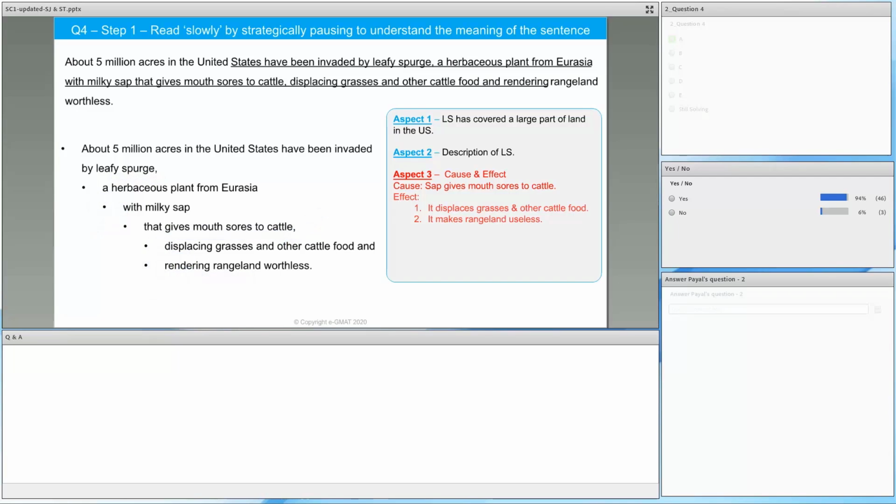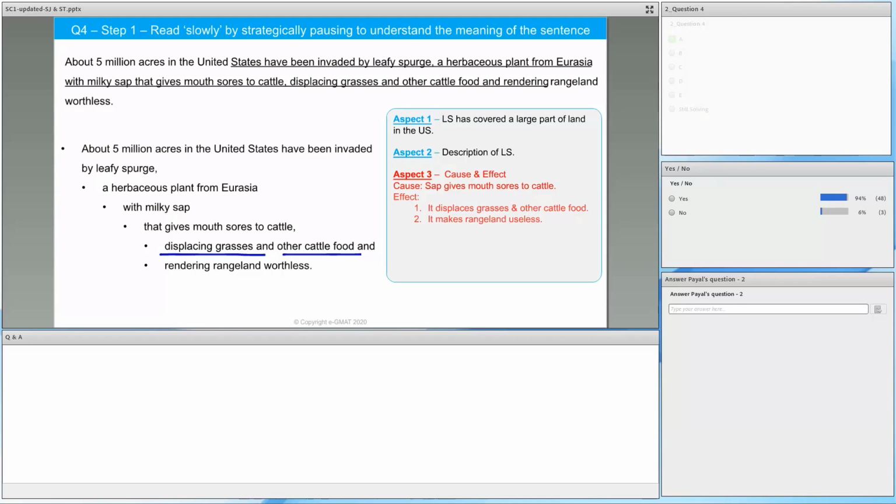Let me get rid of these old annotations so that I can use some new ones. Okay, so milky sap giving mouth sores makes sense. Now I'm opening a poll here. Answer this question. What can displace grasses and other cattle food?